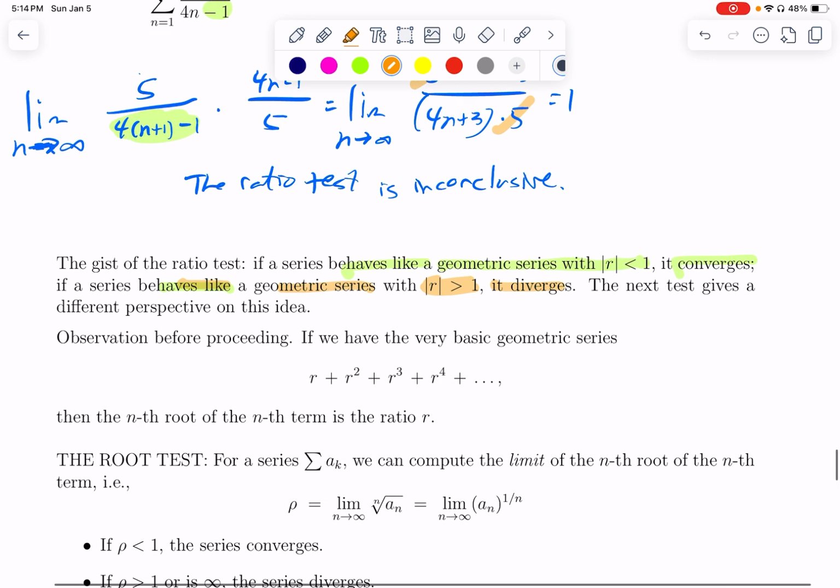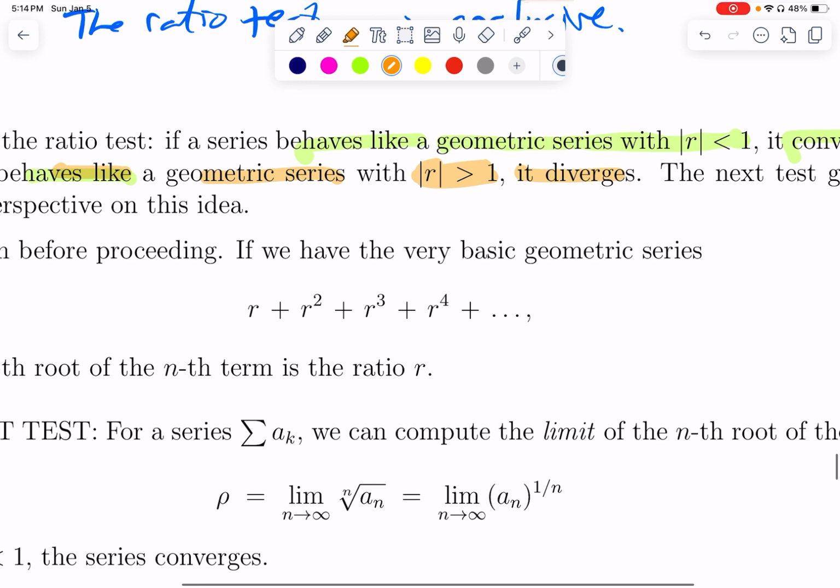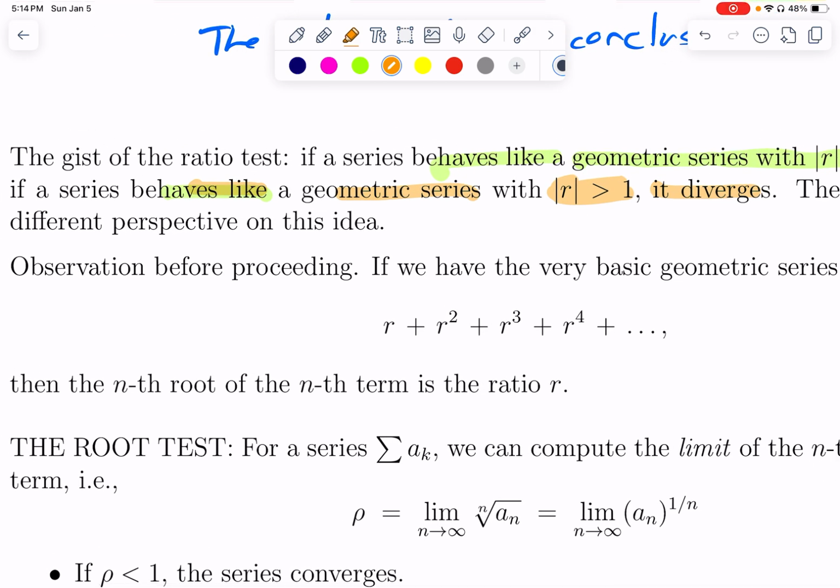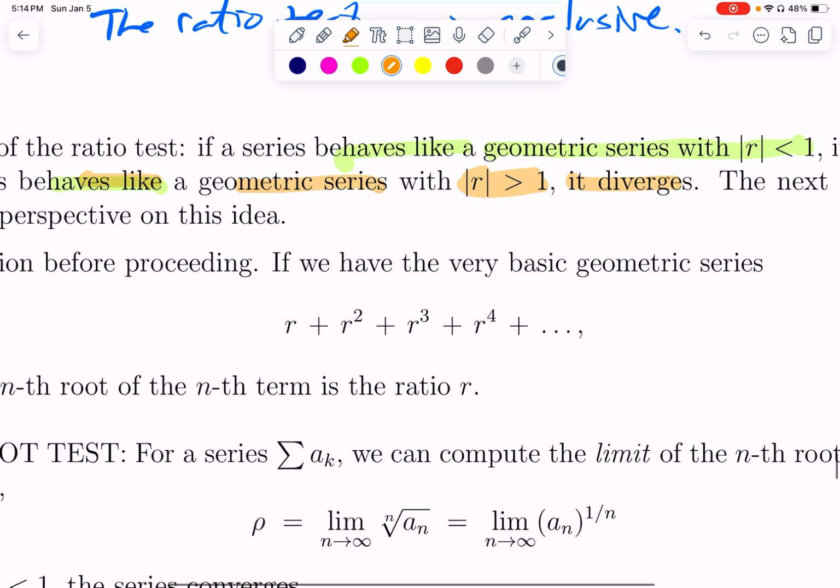So let's imagine this very basic geometric series where we're literally just adding together consecutive powers of r, starting with r to the first. Let's just note that the nth root of the nth term is the ratio r.